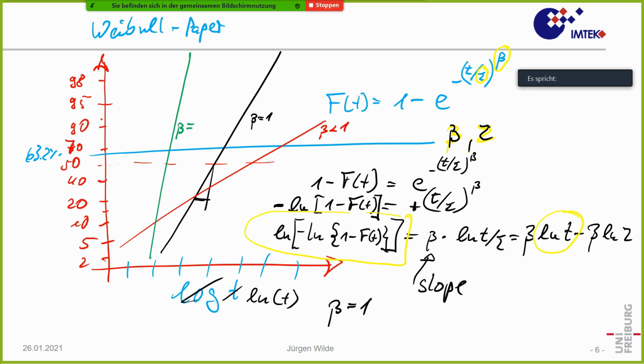Okay, in that way we can make a Weibull analysis on the data. We can either do it by regression, or we can do it by maximum likelihood method, but I will not go into the details of this.